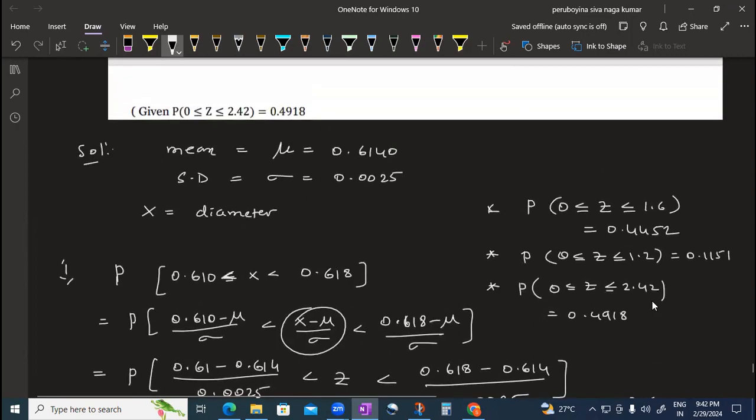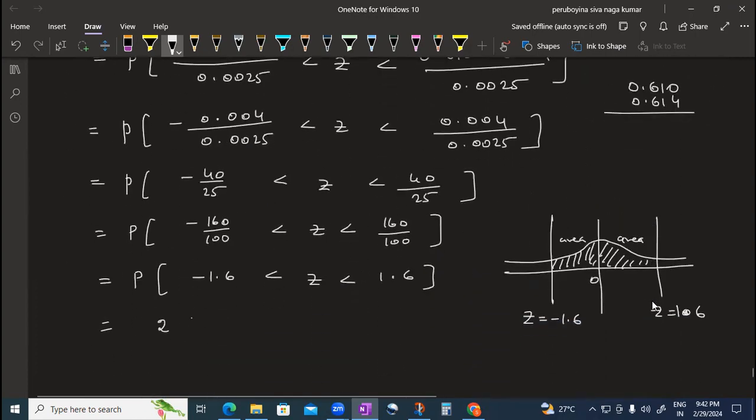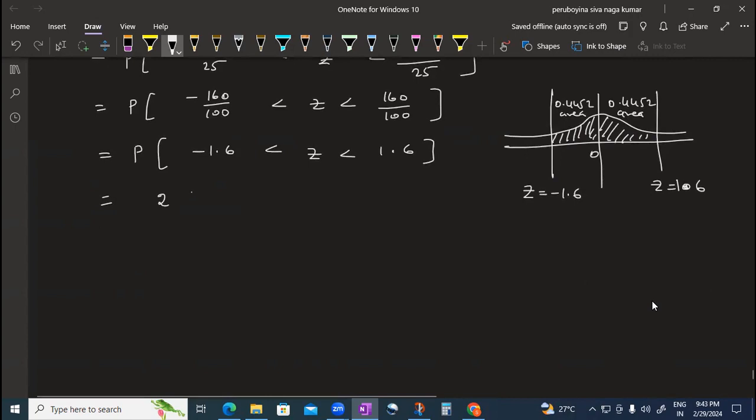The clue is saying from 0 to 1.6, the area is 0.4452. So this area is 0.4452, and this is also the same, 0.4452. Area is always positive. So what I am doing is 2 times 0.4452.